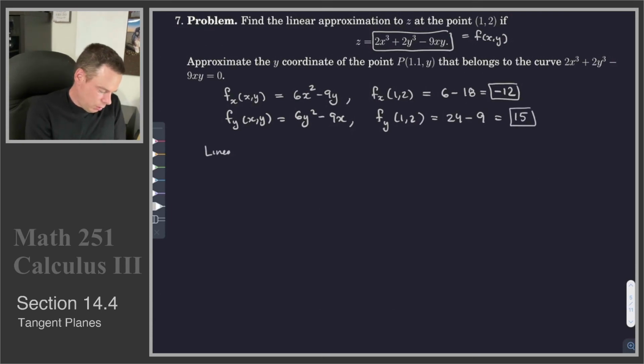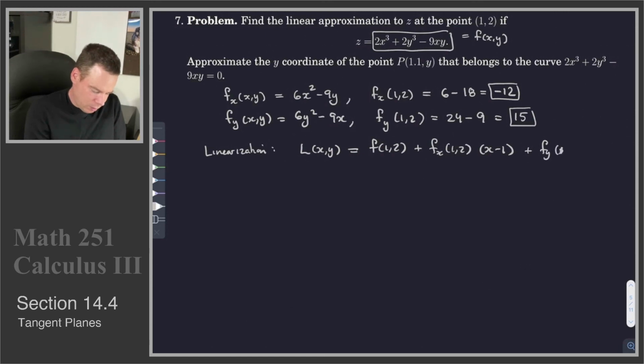So the linearization is that function L of x, y, which is given by the function value at (1, 2), plus the x derivative at (1, 2) times x minus the x coordinate of that point, plus the y derivative at (1, 2) times y minus the y coordinate of that point.